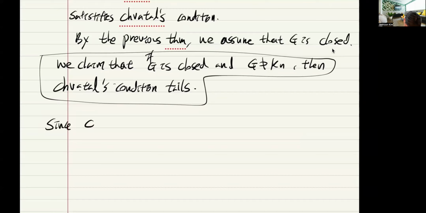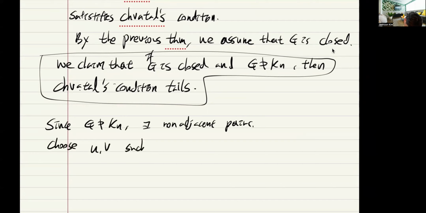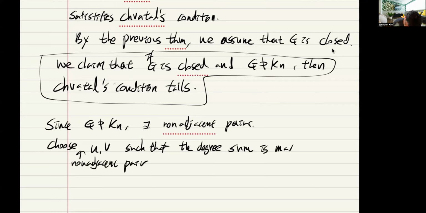So if we assume that G is not a complete graph, there exists a non-adjacent pair. So choose a non-adjacent pair u, v such that the degree sum is maximum.